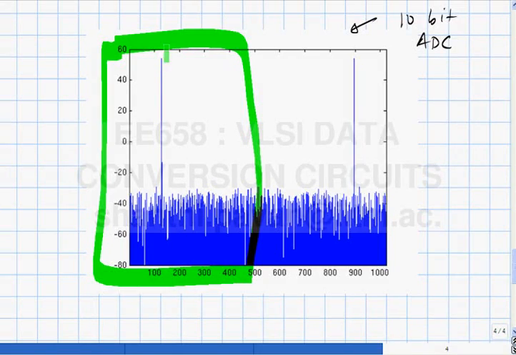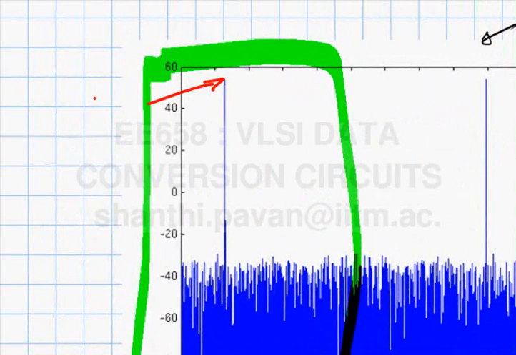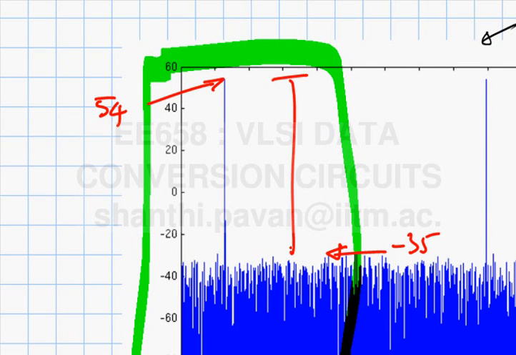This is about 54, and somewhere around here, which is about, I'm tempted to say 36, but it's probably around minus 30 dB, certainly minus 35 or something, right? So this is an ideal quantizer, and you can see that the SFDR is about 90 dB.